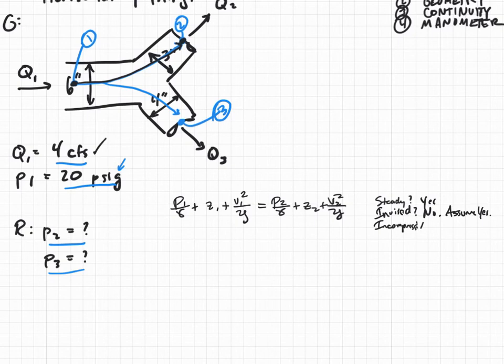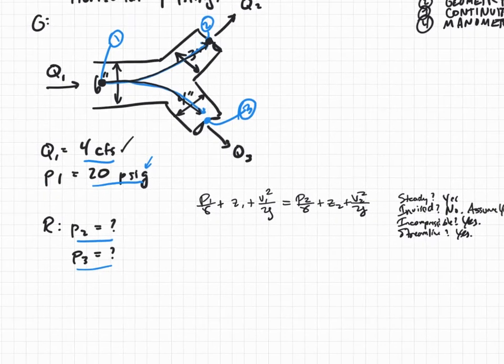It's water, so yes. Are the points along a streamline? Yes. I've drawn points 1 and 2 on a streamline, and 1 and 3 on a streamline right next to those two. All right, let's see if we can solve this.